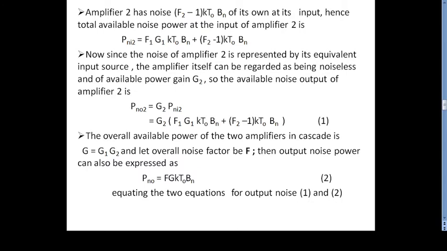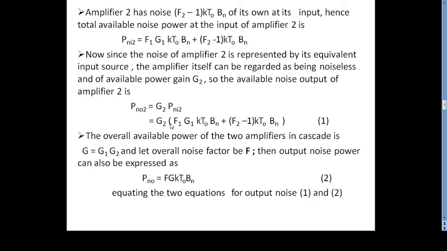Now since the noise of amplifier 2 is represented by its equivalent input source, the amplifier itself is regarded as noiseless, with variable power gain, so that the available power output of amplifier 2, Pn02, is equal to the gain of amplifier 2 times the input noise power at amplifier 2. So G2, we can put the value from these equations.